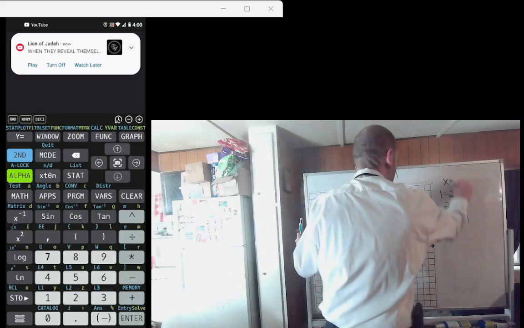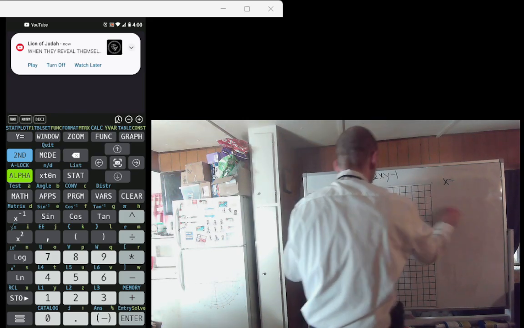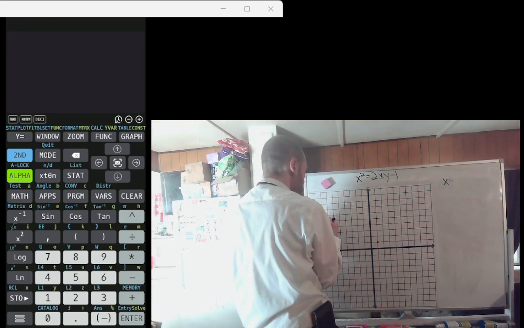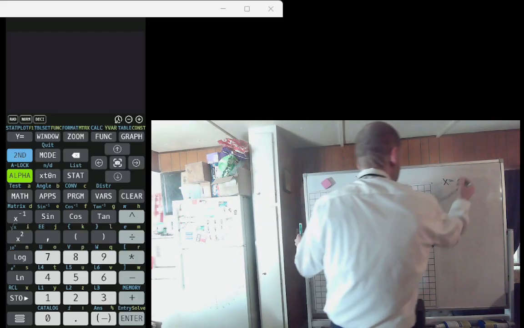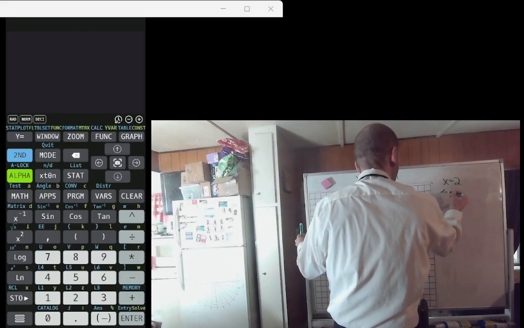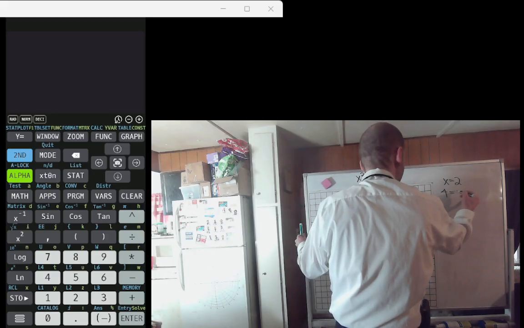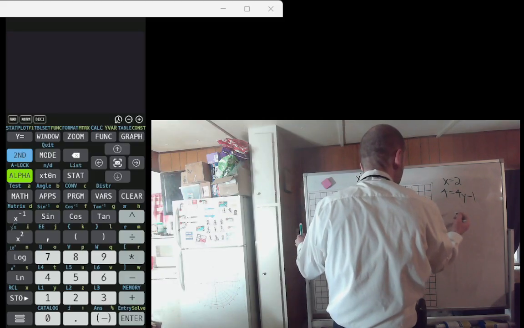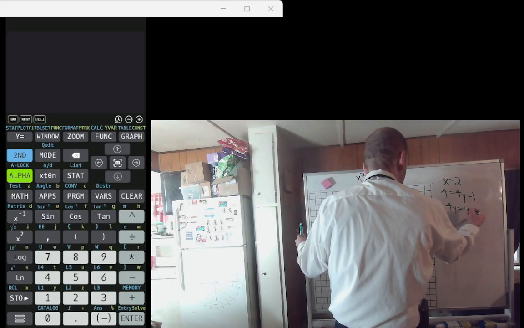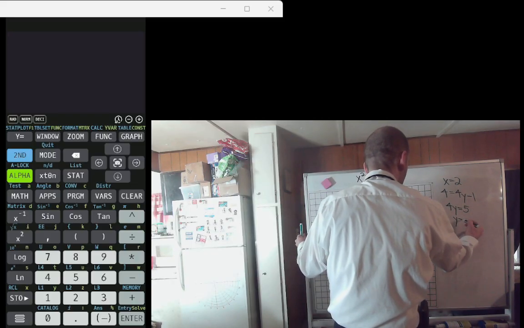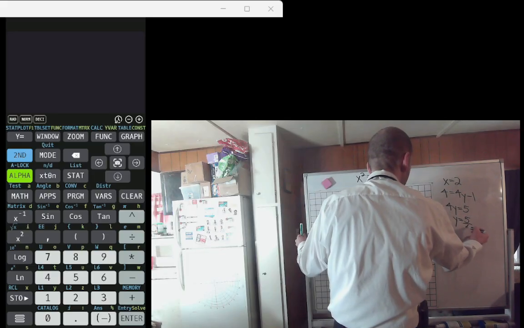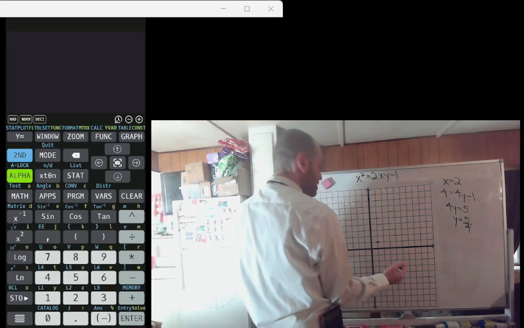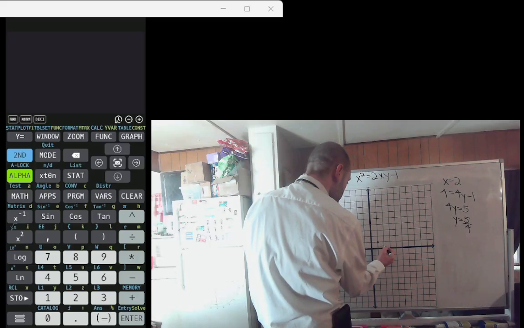All right, let's do when x equals 2. Let's just plot some points here to see what we come up with. So you would end up getting 4 equals 4y minus 1, which means 4y would equal 5, and then y would equal 5/4, so that would be 1 1/4 when x equals 2.